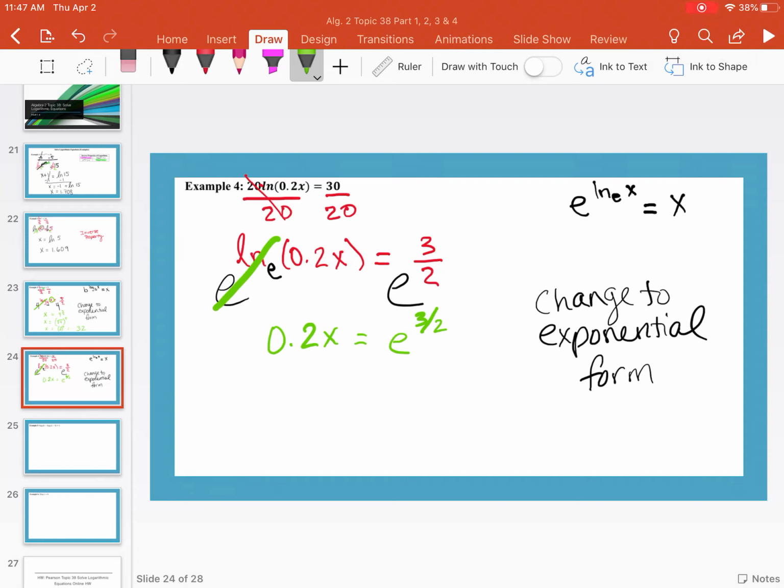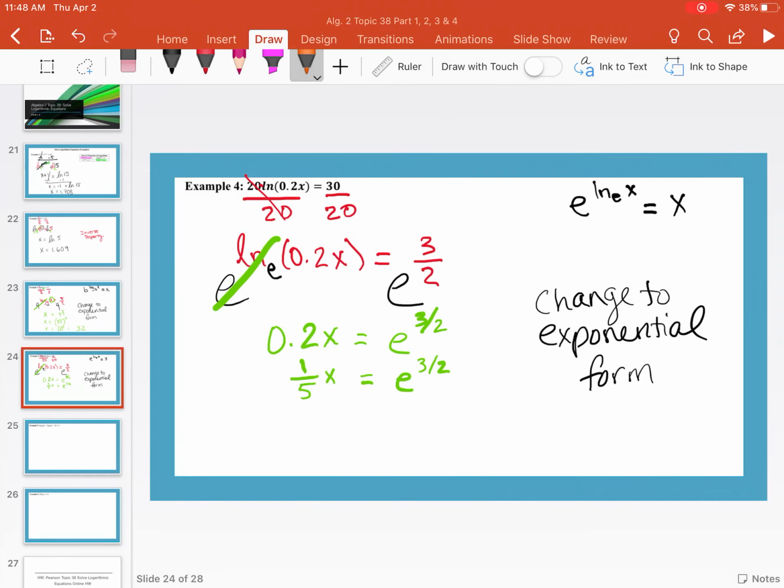whatever floats your boat. Now, I could divide by this 0.2, divide by the decimal, or I can also identify that 0.2, or 2/10, is the same thing as 1/5. So 1/5 x equals e to the 3/2.